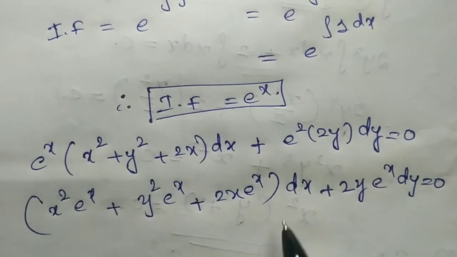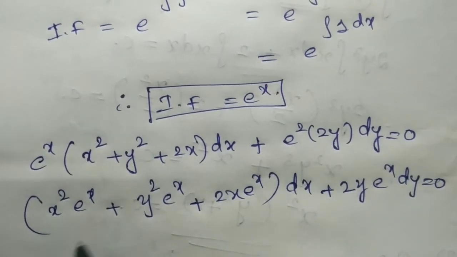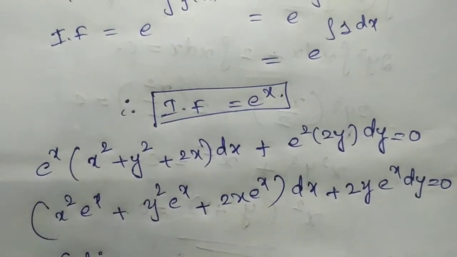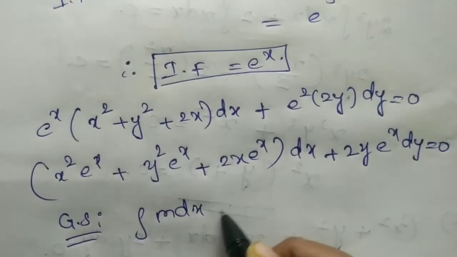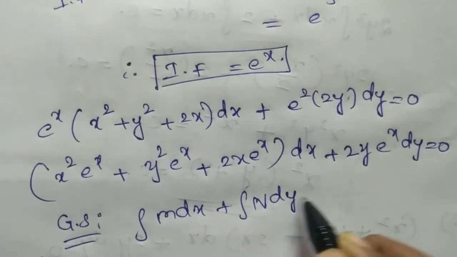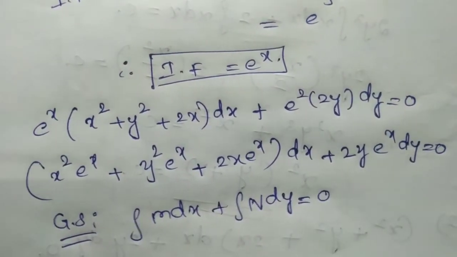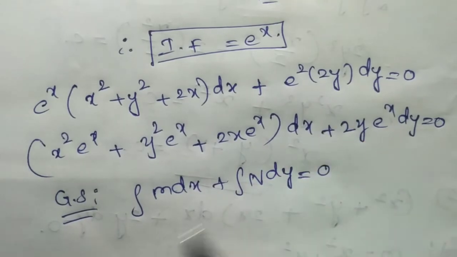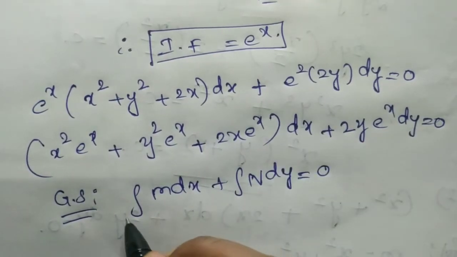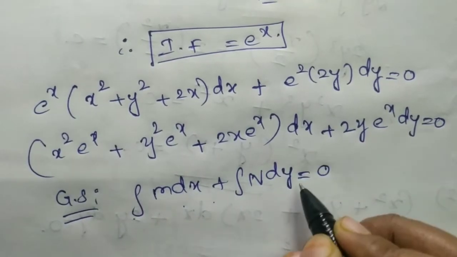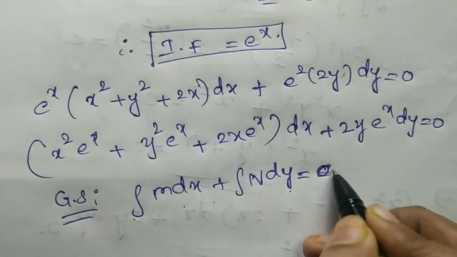So this is an exact differential equation. So here integration of M dx plus integration of N dy equal to c. First, integration of M dx plus integration of N dy equal to c.